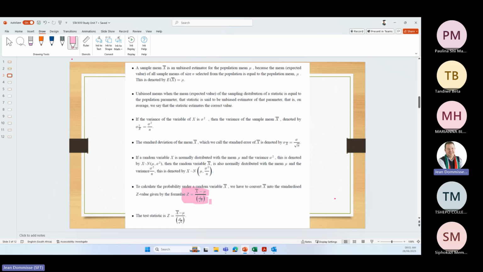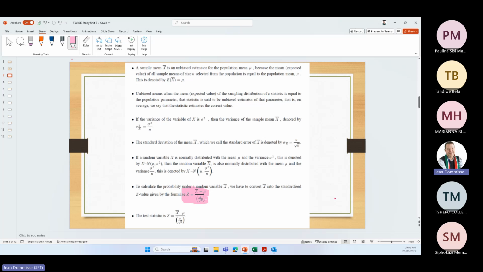With nearly all of the questions in study Unit 7, they need to give us a sample size, else we assume that we are working just with a normal distribution.